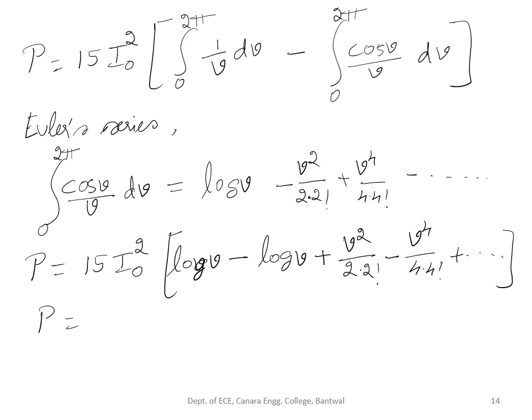Therefore, P equals 15 I naught square, log v cancels, and this is equal to 2.41.